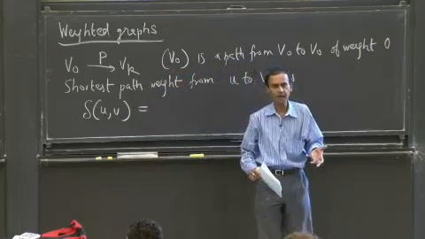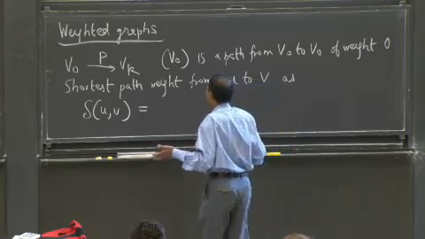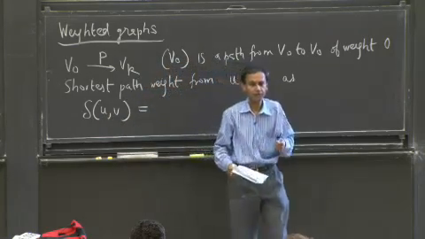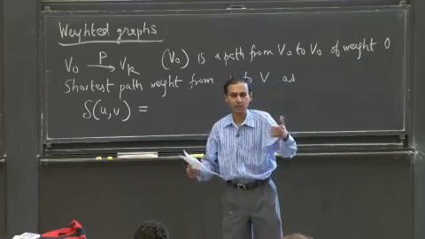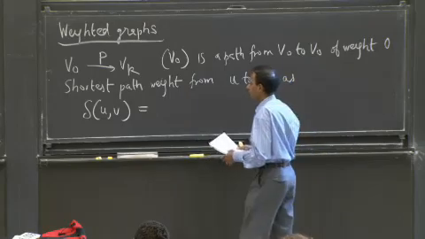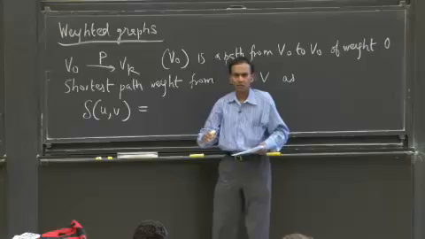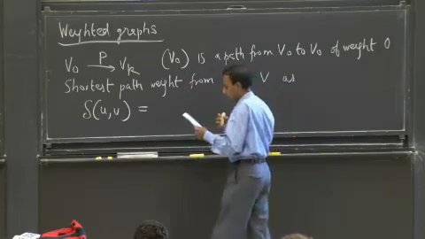And my goal is to find delta. It's also to find the path. It doesn't help you very much if you know that there's a way of getting from here to Lexington within 14 miles if you don't know what that path is. So you want to get the weight, but you want to get the path as well. And these algorithms will do that for you.